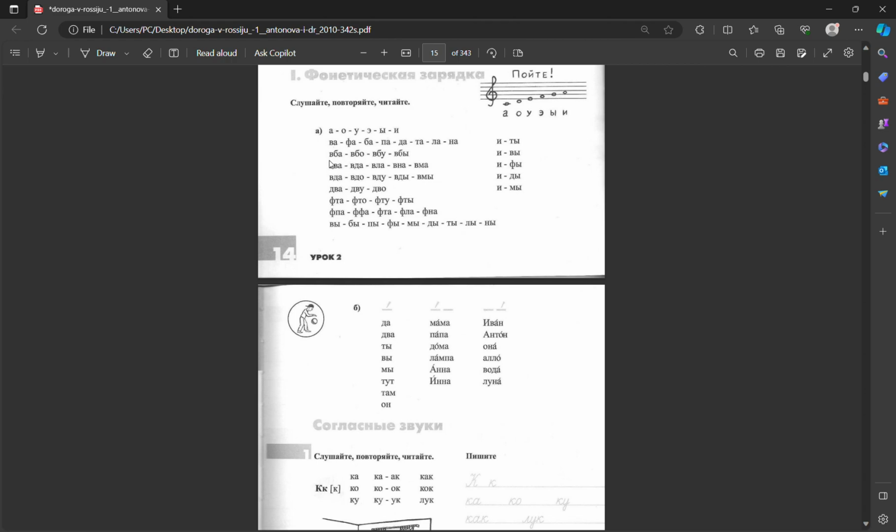Now, let's combine three letters into one word. Vba, vbo, vbu, vbi. Just pay attention to how I pronounced this. Vbi.